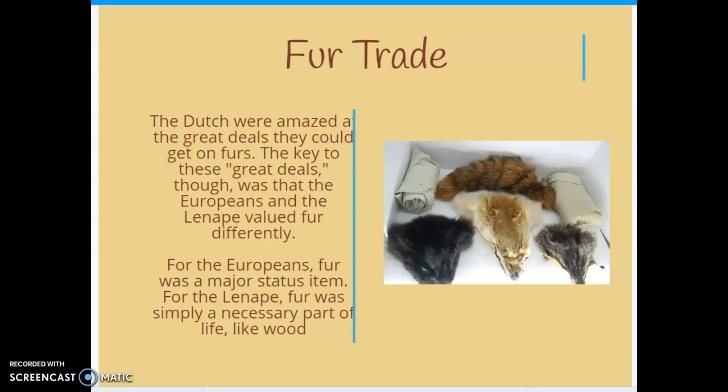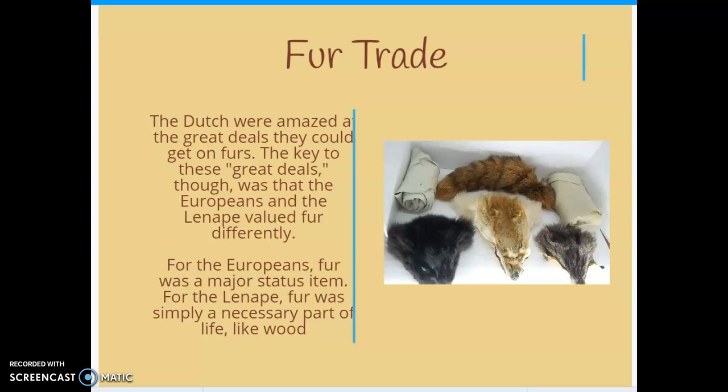Fur wasn't like, oh, look at me, I have on fur. Fur was just kind of like a necessity. Food and clothing and shelter and wood were all things that you just kind of needed to live if you were a Native American. And so furs weren't really a status item. It was just something you had to have in order to survive.